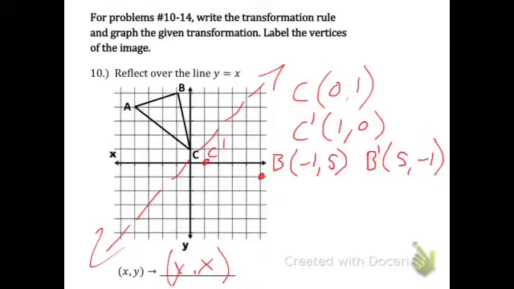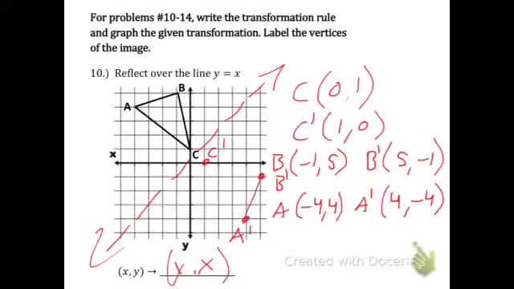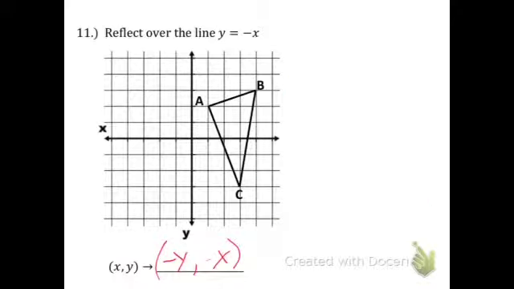There's my B prime. And then A is currently at -4, 4. Switch the order, and you'll have A prime. So 4, -4, and we'll have A prime. We now have our three vertices connected up, and there's your shape reflected over the line y equals x.